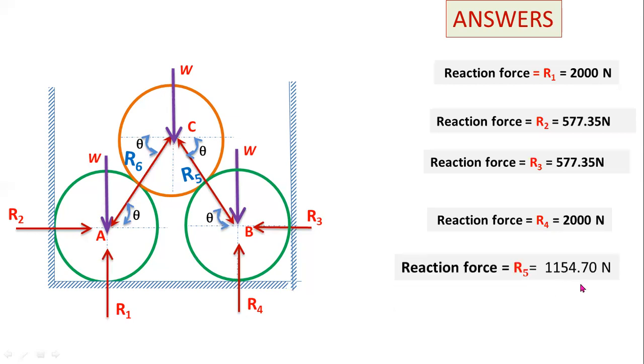Reaction force R5 equal to 1154.70 and reaction force R6 equal to 1154.70. There are 6 contact points, so you have to determine 6 reaction forces. So these all are the answers for this problem.